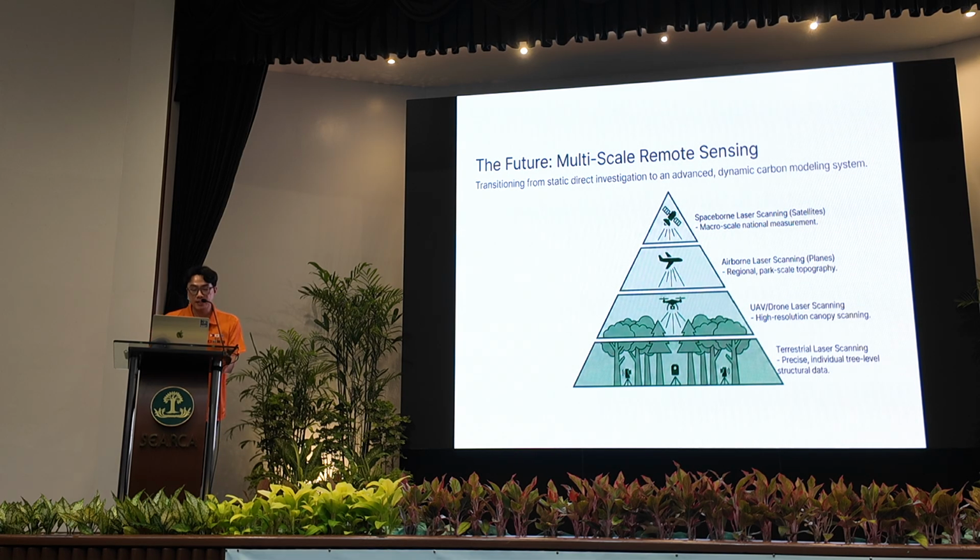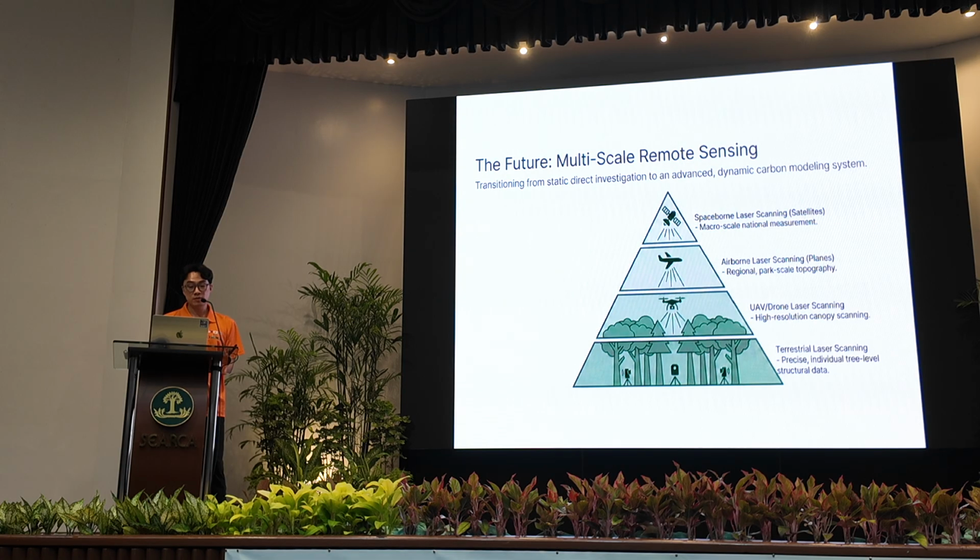To address these limitations, we are transitioning to an advanced carbon modeling system using multi-scale remote sensing. This system operates on 4 levels. First, spaceborne laser scanning via satellite provides macro scale national measurement.